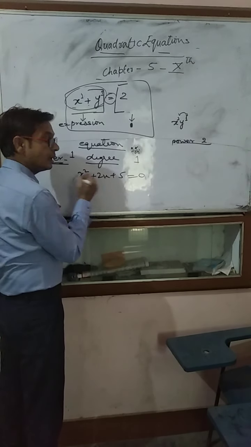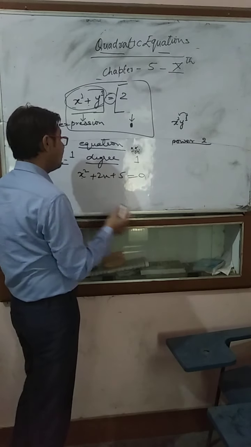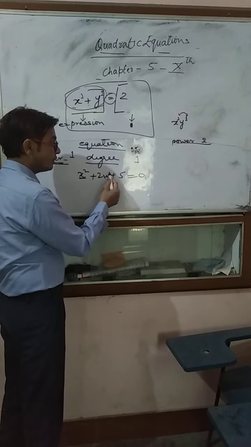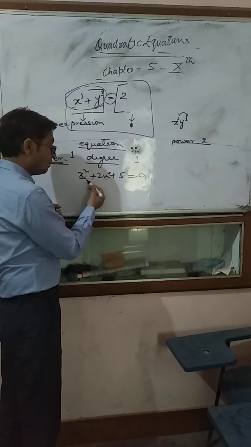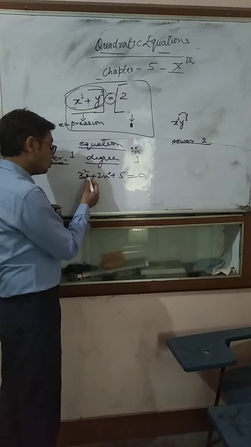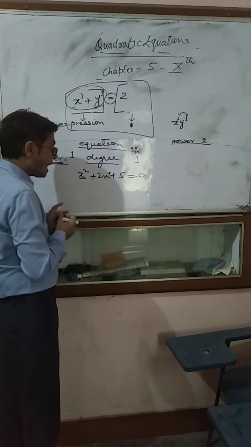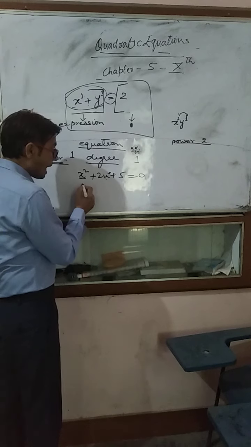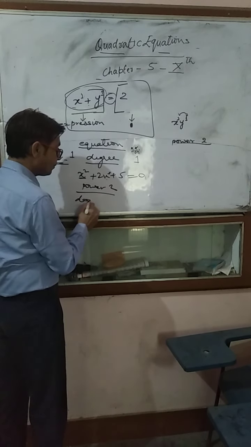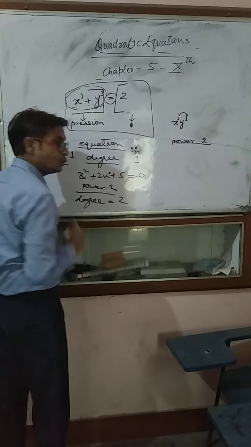So x is only one variable, and what is the highest power? 2. The power of this one is 1. There is no multiplication sign between these terms. So the highest power of x is 2, the degree is equal to 2.